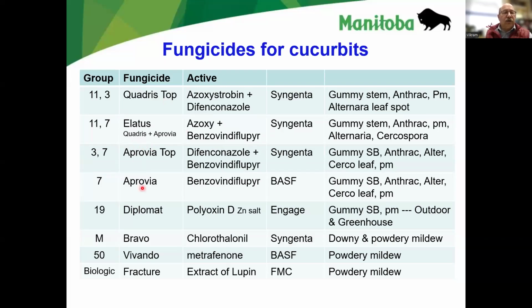Elatus is very good. And you can see Bravo and Fracture, they have worked very well, but they work only for powdery mildew. Okay, so this list you can keep or print, and it can be useful when you see the disease. Best to have preventative sprays rather than after the crop is half infected, then it's usually a waste of fungicide to put it on later.